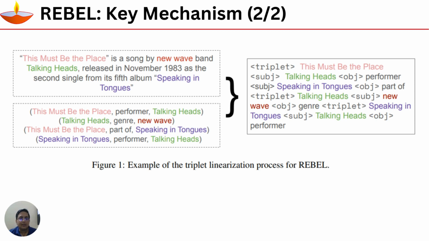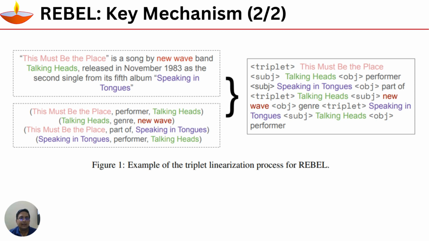So if we see the various triplets that get extracted from this text, it's as below. This Must Be the Place, that's the subject, and performer is the relation, and Talking Heads is the object, right? So this must be the place, and the performer, the name of the band, is essentially Talking Heads.